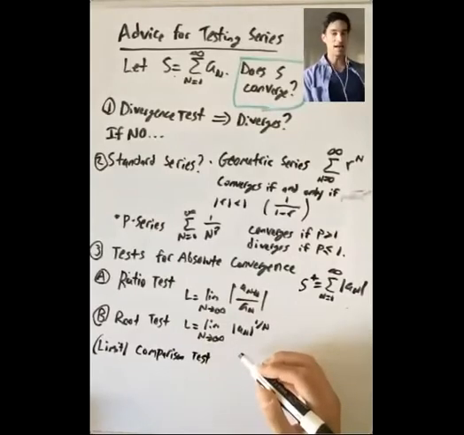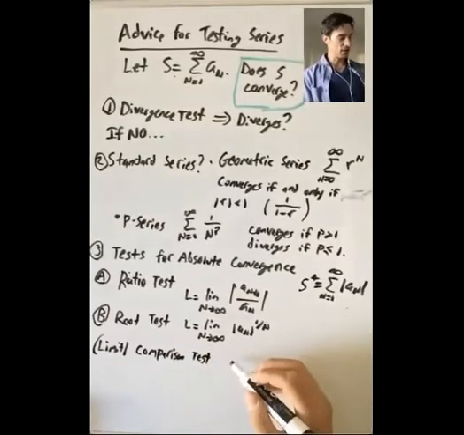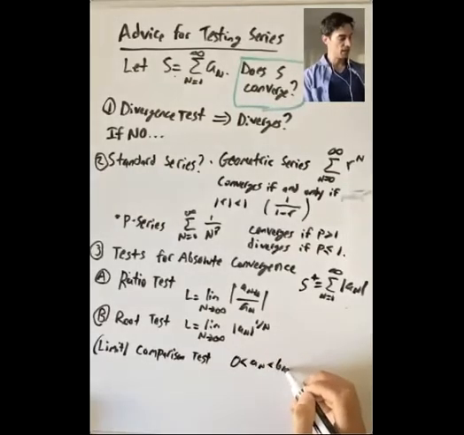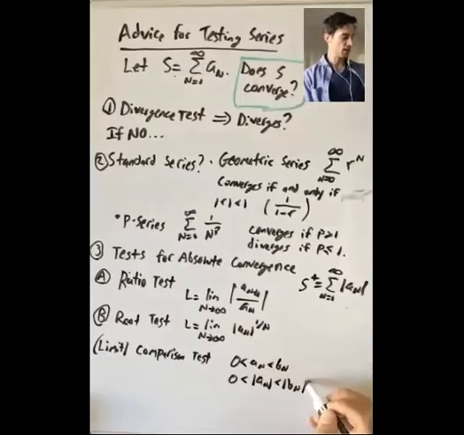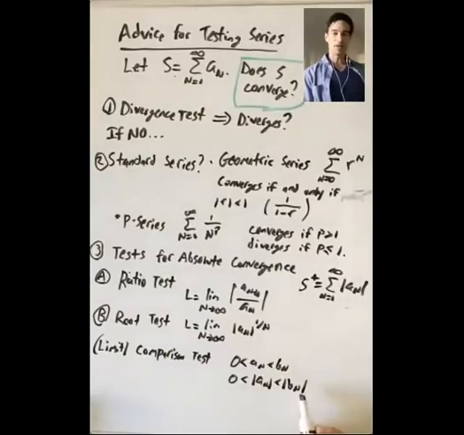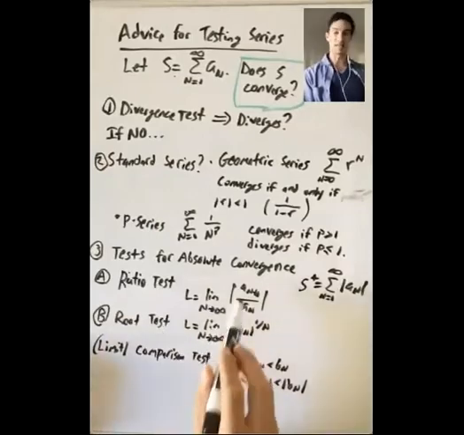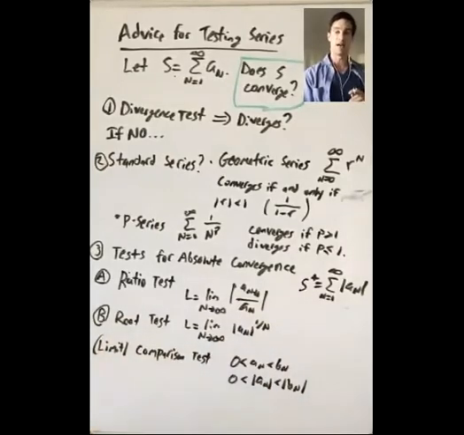When you use the comparison test, instead of having 0 less than a_n less than b_n, you would want to look at 0 less than the absolute value of a_n less than the absolute value of b_n. This is in Donaldson's advice in the notes, but I sort of prefer to keep the limit comparison test and the comparison test a little bit separate from the ratio test and the root test that definitely are telling you about absolute convergence.